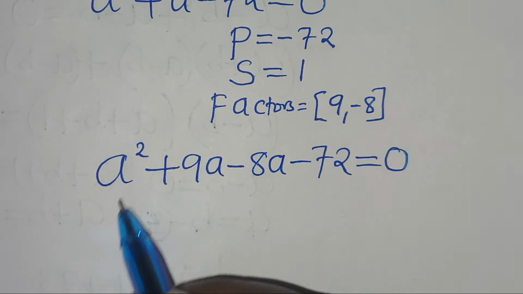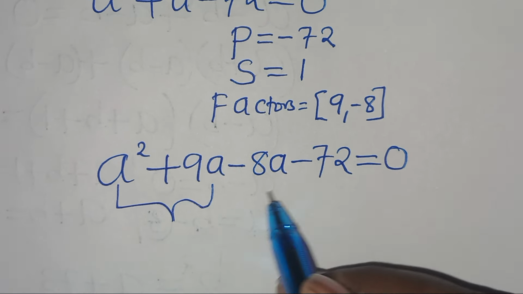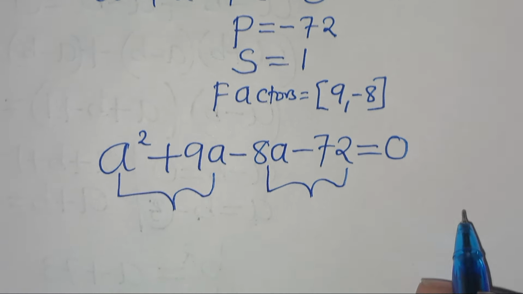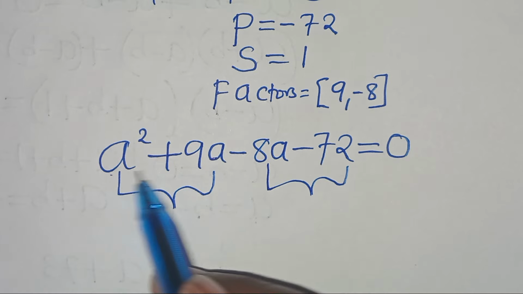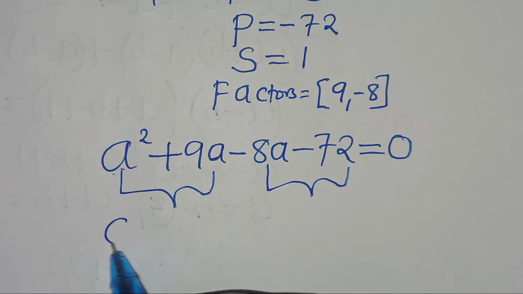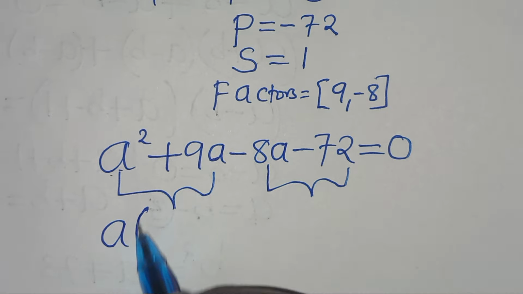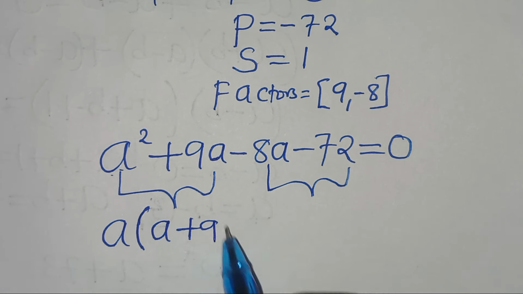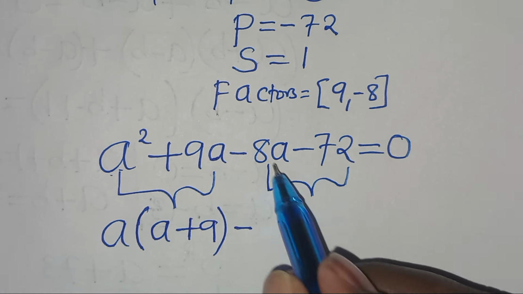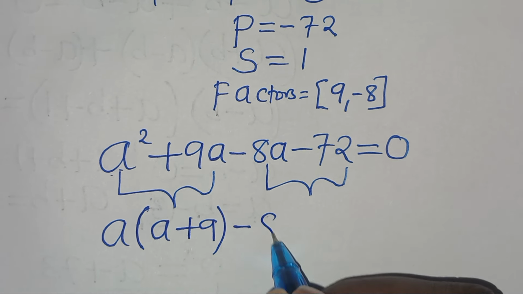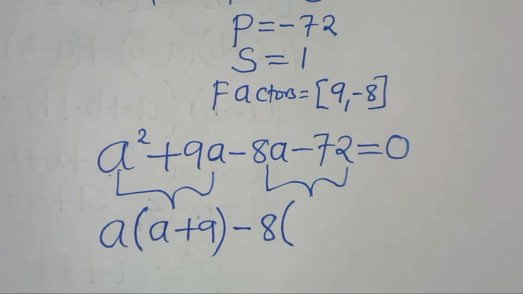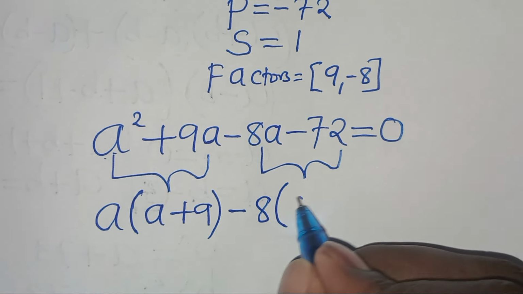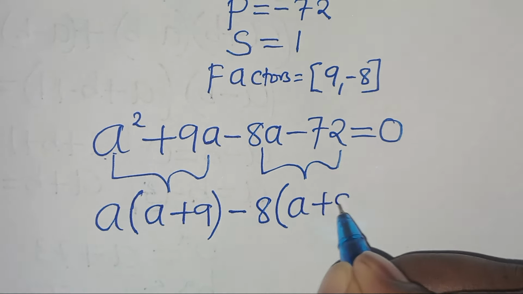Now, we have two parts here. From the first part, a is common, so we can factor out a, which gives a plus 9. Then in the second part, minus 8 is common, so we factor out minus 8, which gives a plus 9.